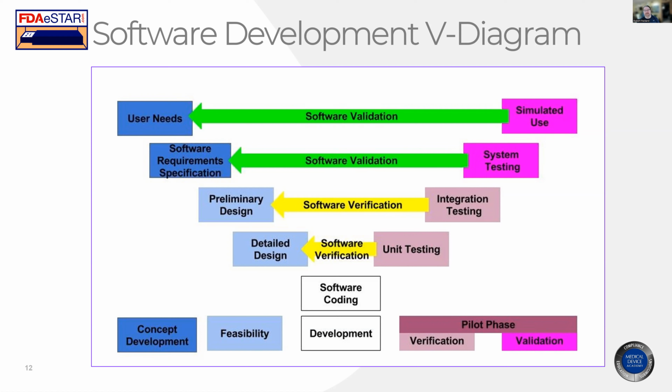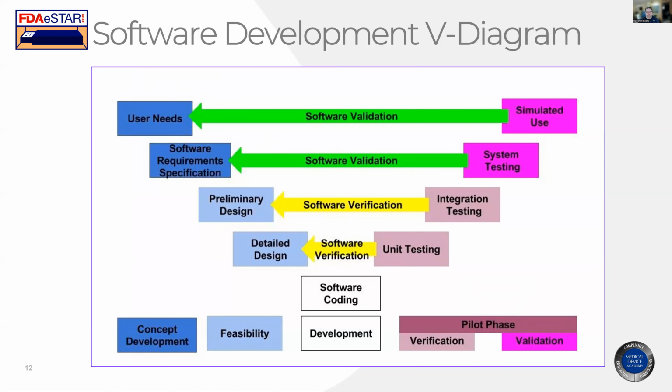So all those kinds of things are going to be important to evaluate in your final testing. But you're going to start with units, then integration, then system testing before you get to the final simulated use in the operating environment. And it's not a linear process, it's an iterative development process.